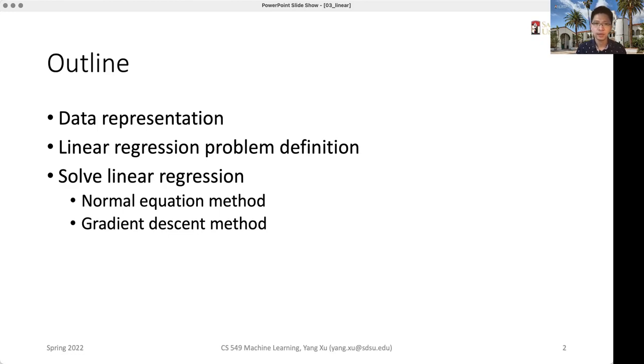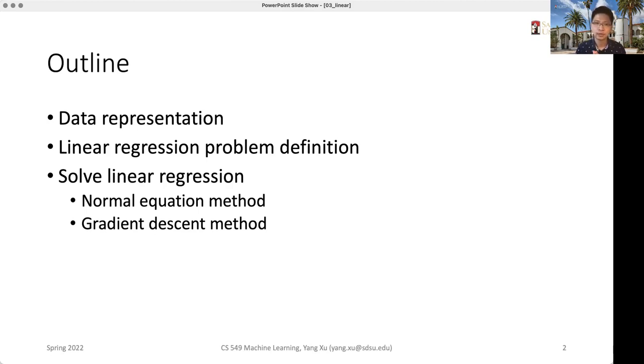Then we will define the linear regression problem by introducing several mathematical terms. The third part will be solving the linear regression model, or in other words, how do we train a linear regression model?